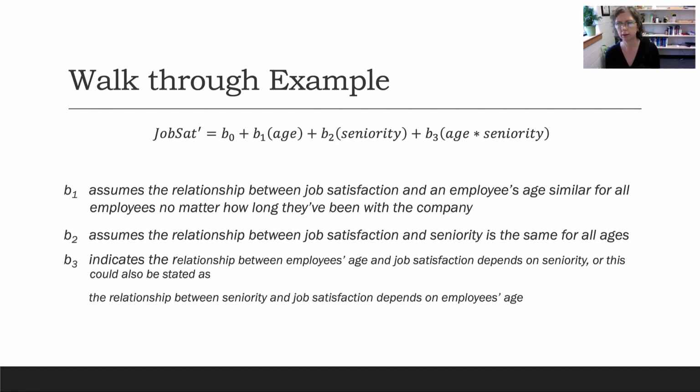I have a note. In the notes, I mentioned how it's important to describe your sample up front, including the mean, standard deviations, and correlations between your study variables. There's going to be a correlation between seniority and age because in all likelihood, the longer you're alive, the longer you've been at work, right?